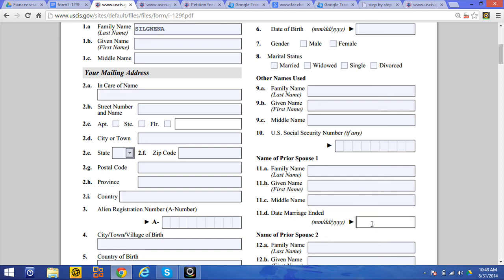That's really important, the date the marriage ended. That means if you didn't get divorced, you cannot apply for a fiancé visa. Understand what we mean: with a U.S. citizen's prior marriage, your marriage normally should have ended before you file this form.